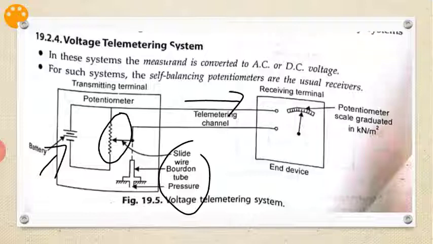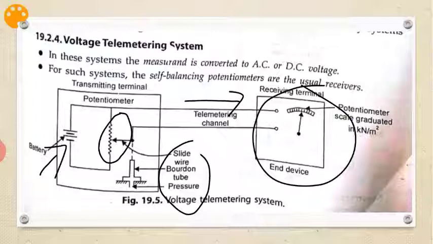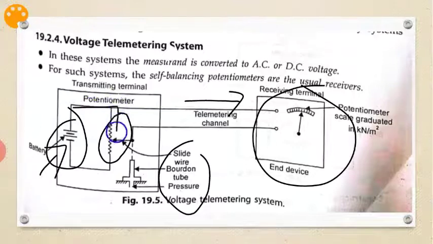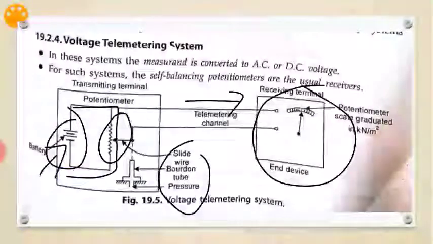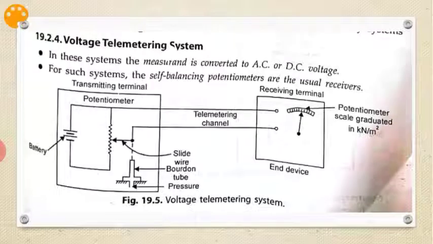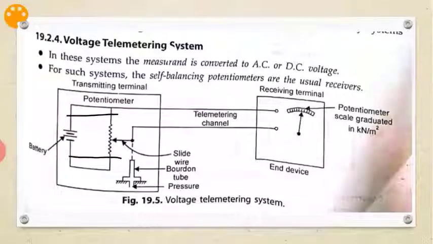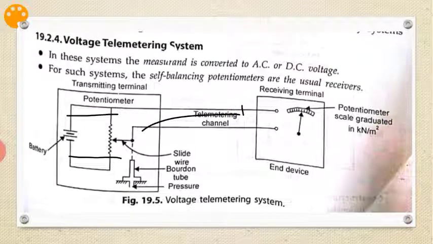The pressure is calibrated here. Why is it called a voltage telemetry system? Because the potentiometer is connected across the battery, so the voltage will be available here, and the change in this voltage is what we sense.